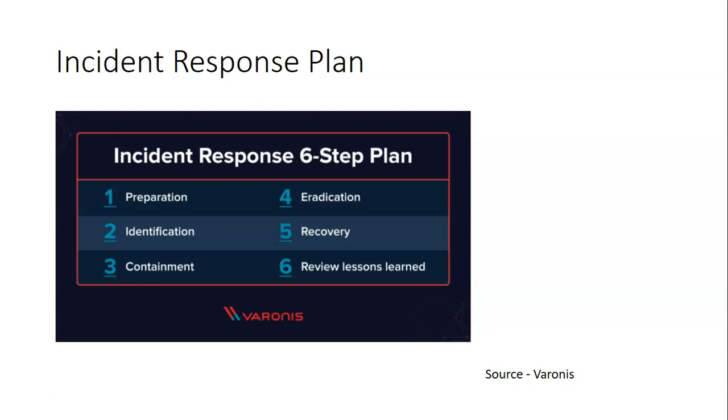Did we do well? Essentially taking feedback so you can improve the process. Okay, and sometimes it might include a review of the security policy, because it's the policy that governs the organization. All right, so this is the six-step incident response plan. Let's move forward.